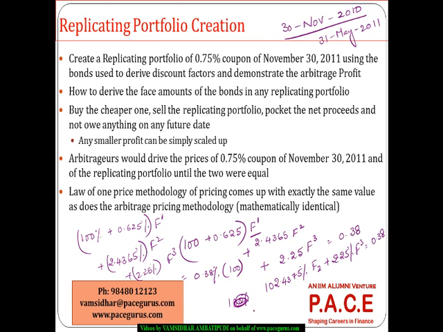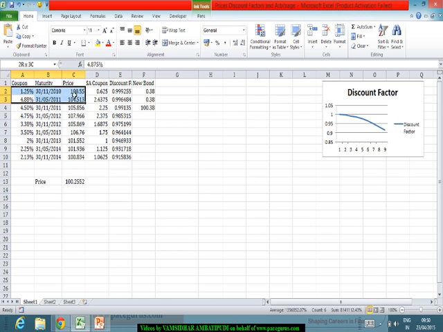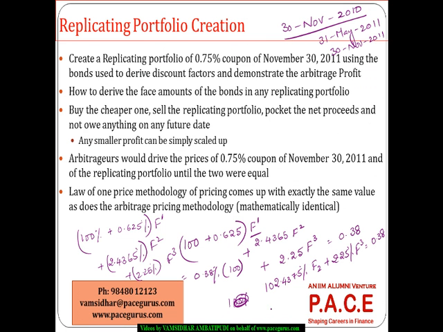And similarly, the last one, I will do with respect to 30th November 2011. The first two are already matured by then. The last one is paying me the entire amount. So which means 102.25 percent of F3 is equal to 100.38.